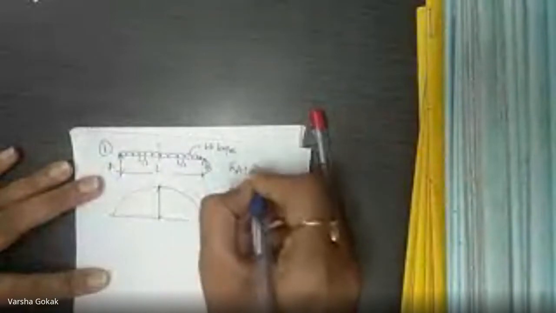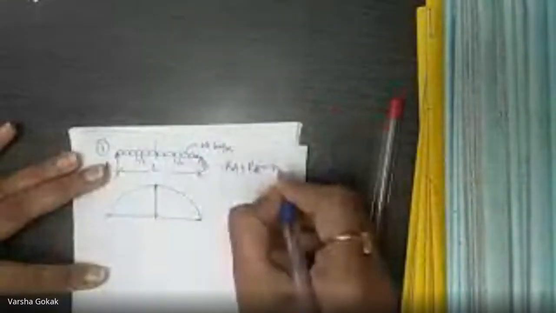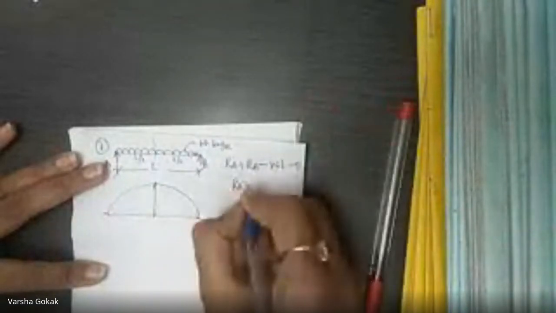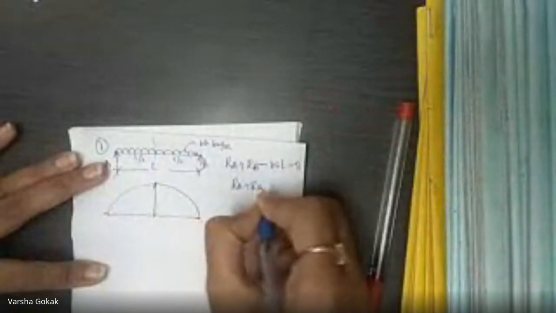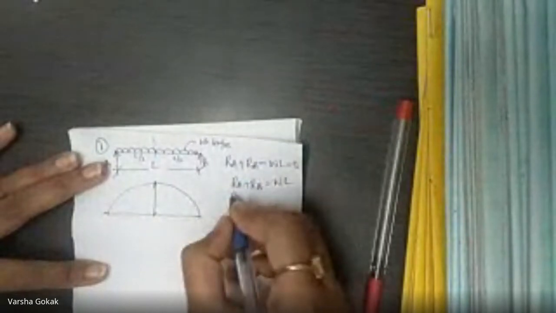In this case, if this is A and this is B, RA plus RB, that is the total reactions going upward, minus the load that is coming down. What is the load? W into L is the load that is coming down. So RA plus RB minus W into L is equal to 0, so RA plus RB is nothing but W into L. Then we take moments, summation M A equal to 0. We are taking moment at this point.